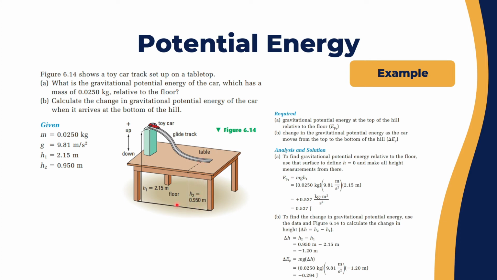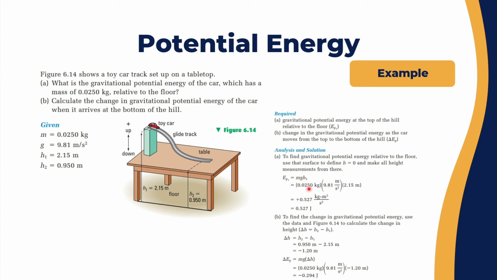So in this case, our main reference is the floor. Our second reference is the toy car. Firstly, we need to find EP1, and we need to find delta EP. To find EP1, which is the potential energy 1, would equal the mass of the toy car times gravitational acceleration times h1, the height from the surface of the floor.